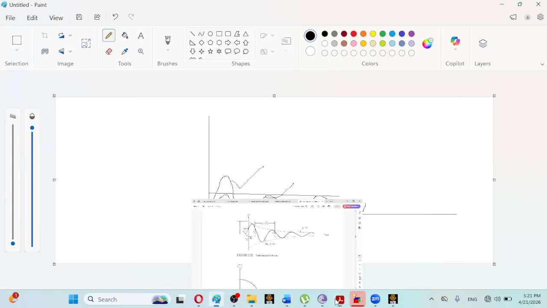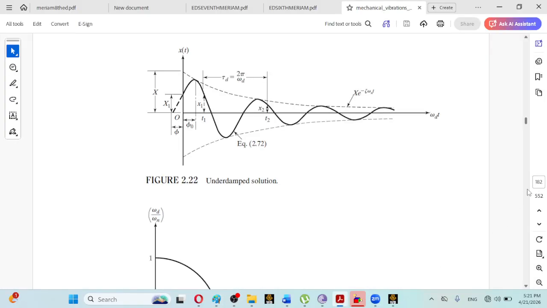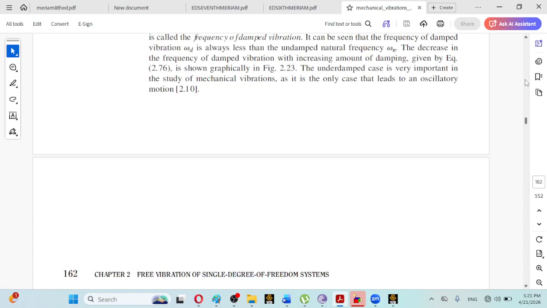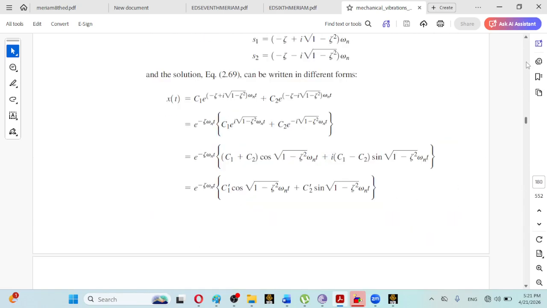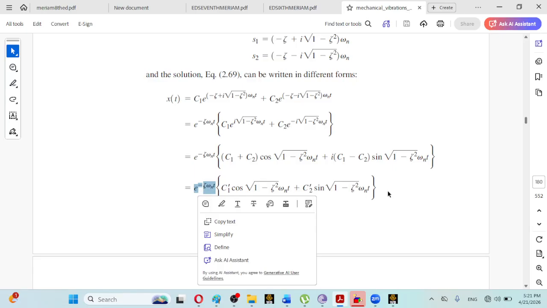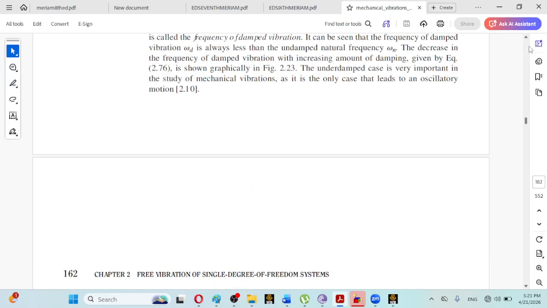So that is the reason that has been described here. That means this term is controlling the amplitudes of the damped oscillations. So this thing has been stated here.